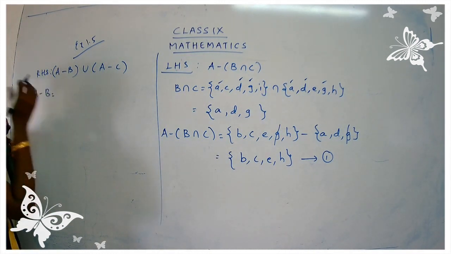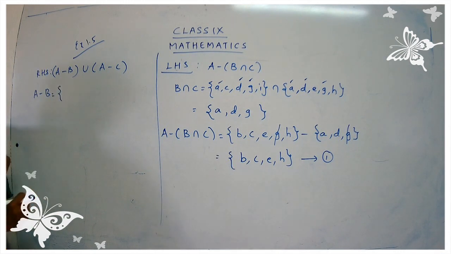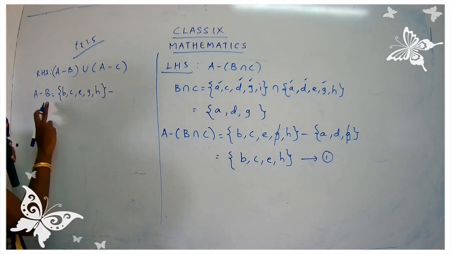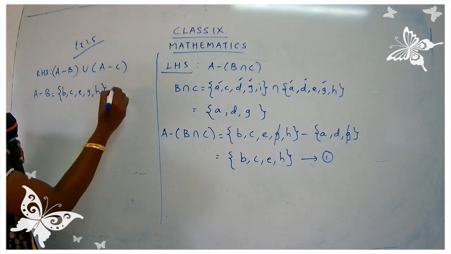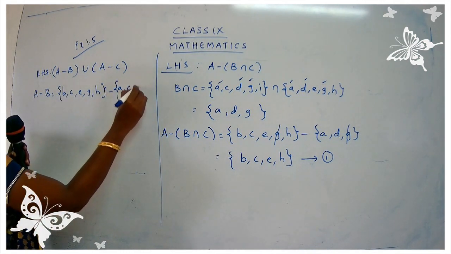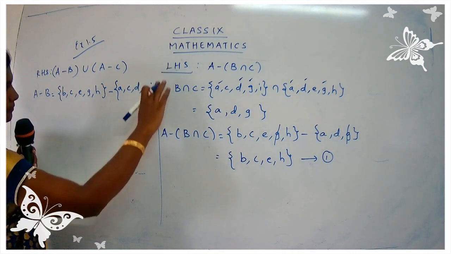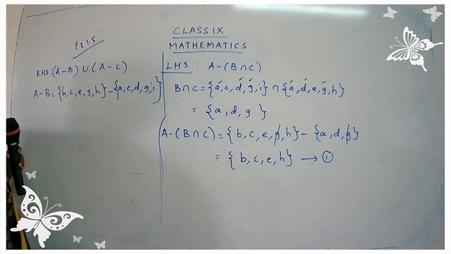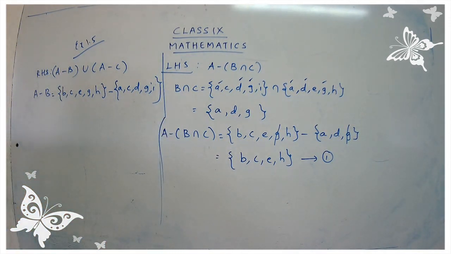A minus B. Write on the set A: B, C, E, G, H. Okay, minus B: A, C, D, G, I. So B, C, E, G, H minus A, C, D, G, I. You know how to find out the answer.